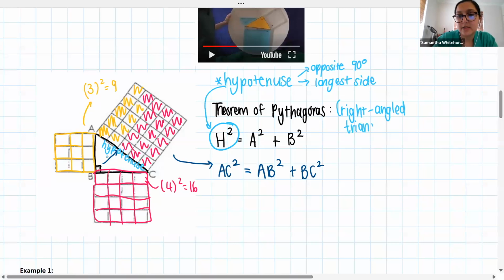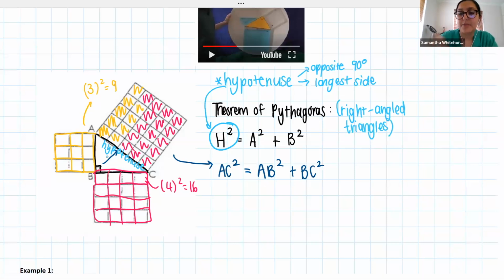And it tells us, once again, that the hypotenuse squared, so the side opposite our 90-degree angle, is equal to the two other sides squared and added together.